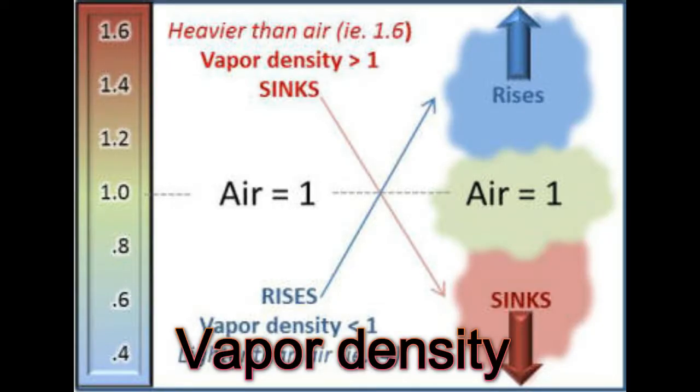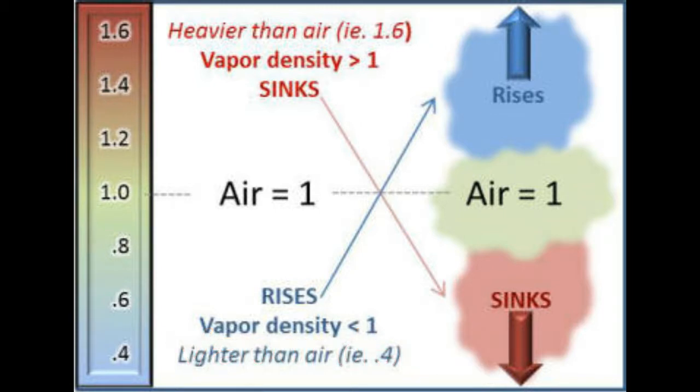Vapor density: air equals 1, greater than 4.5. Kerosene is a polycyclic hydrocarbon.